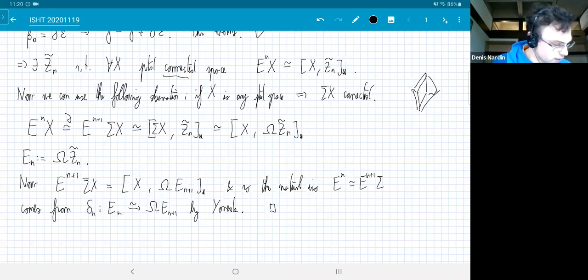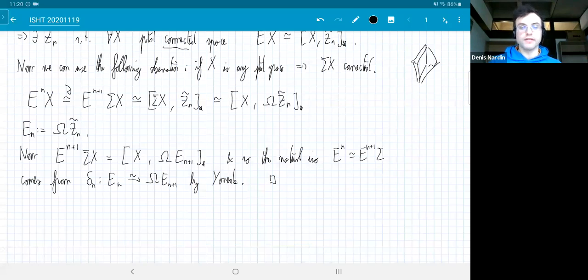I might defer the proof to next time and instead draw some more definitions out of this, if you think it would be better, if you agree with it. But first, do you have any questions?